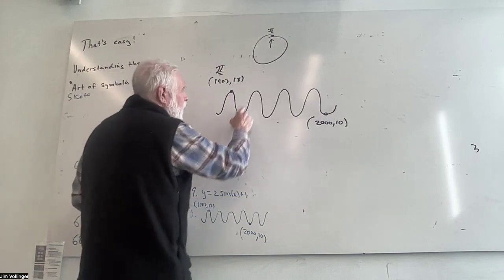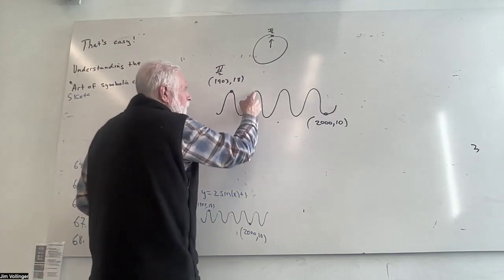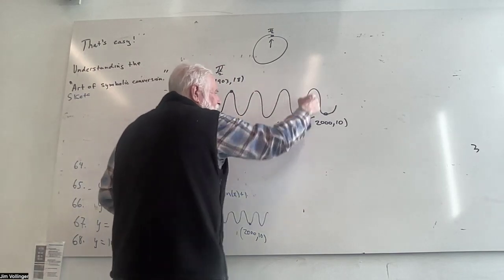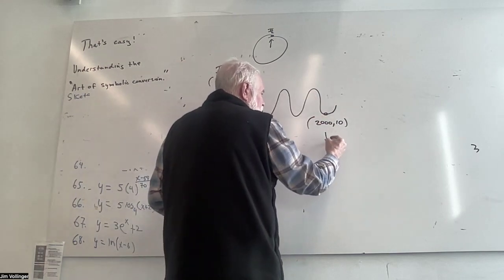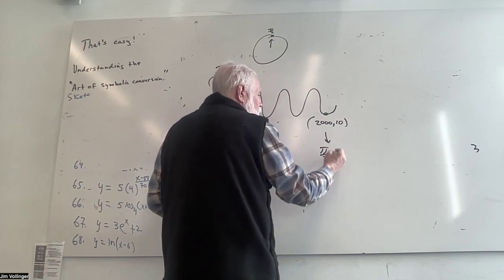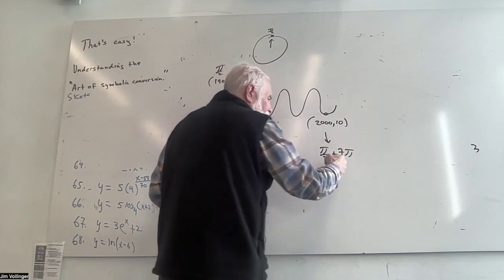And then I've got 1 pi, 2 pi, 1 revolution, 1 pi, 2, 3 pi, 4 pi, 5 pi, 6 pi, 7 pi. I've got to turn 2000 into pi over 2 plus 7 pi. I've got to make that happen.